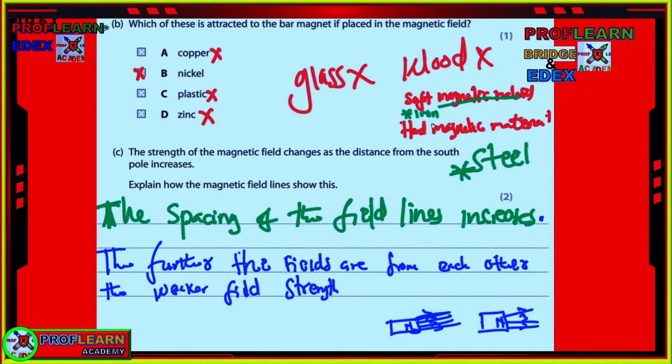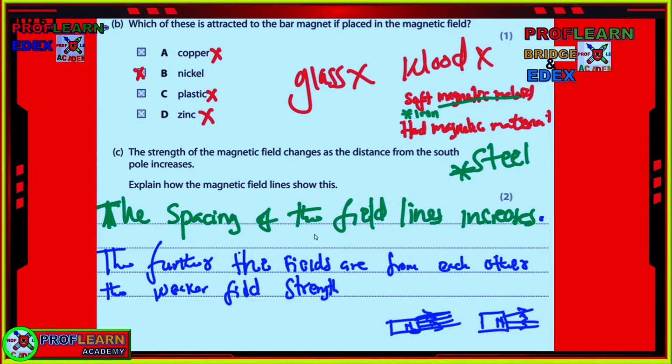Those materials are used to make temporary magnets. Hard magnetic materials are magnetic materials which are difficult to magnetize, but once magnetized, they retain the magnetism for a long period of time. So these materials are used to make permanent magnets.